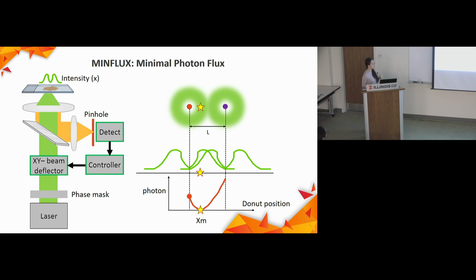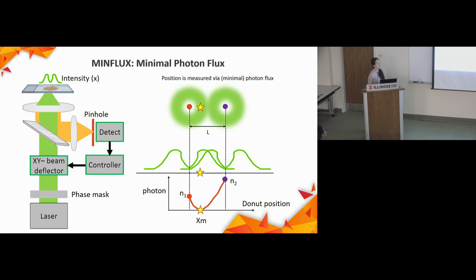Okay, so actually we don't need to scan the full curve, because we can approximately consider this curve as a quadratic curve. So all you need to do is to take 2 points from the start to the end, and by knowing the photon of those 2 points, you can fit this curve with a quadratic function and get the lowest point.